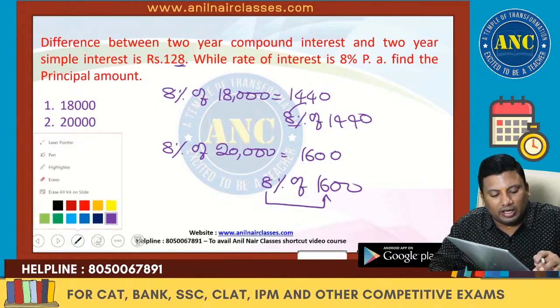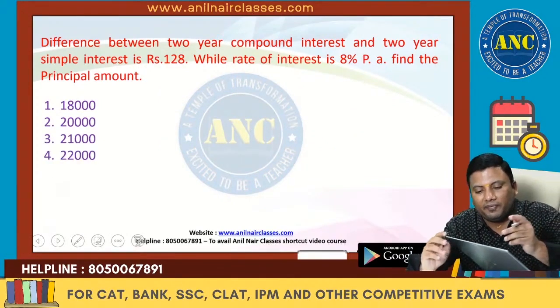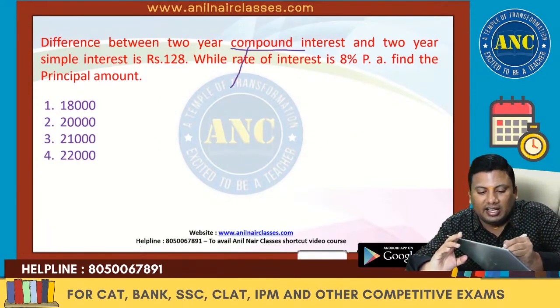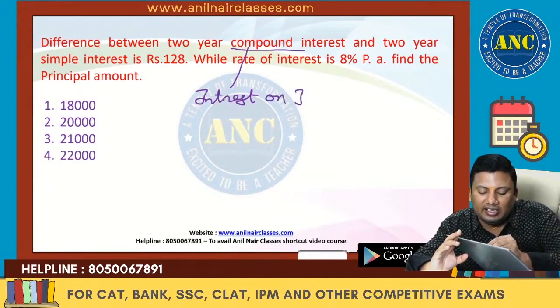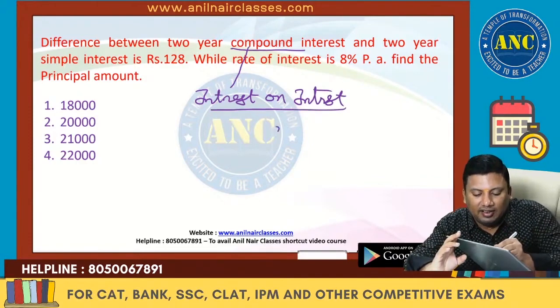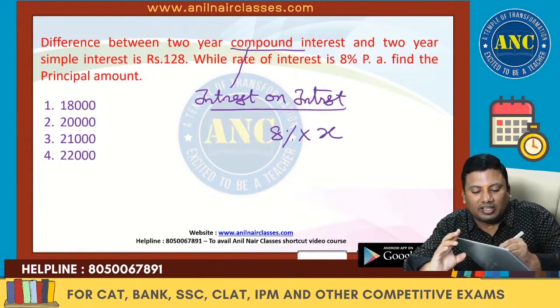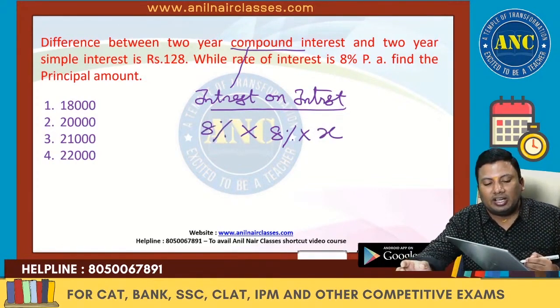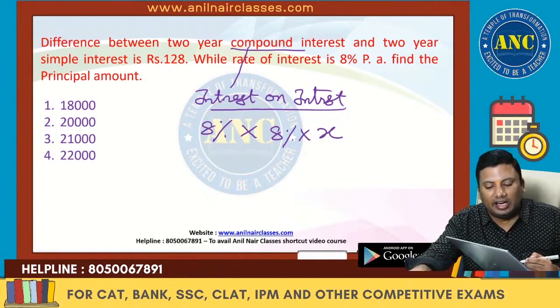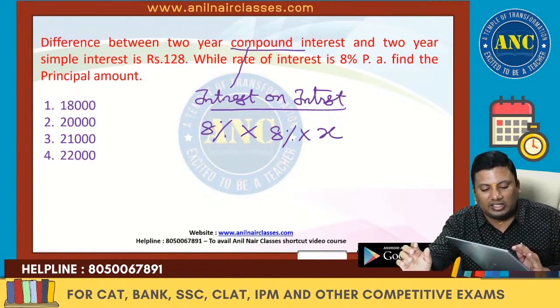So what am I doing is, in case of CI, because it is interest on interest, first the interest is 8 percentage of x. Again on this interest, it is 8 percentage of x. I hope it is clear, right?